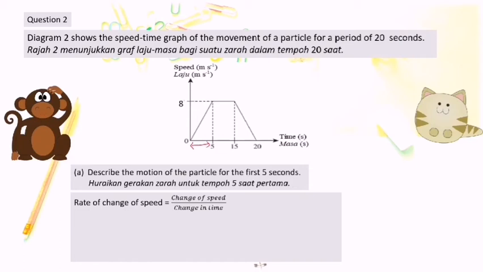Change of speed equals 8 minus 0. Change in time is 5 minus 0. So the rate of change of speed equals 1.60 meters per second squared. So the particle accelerates at a rate of 1.60 meters per second squared for the first 5 seconds.